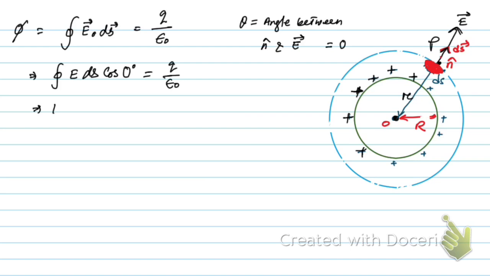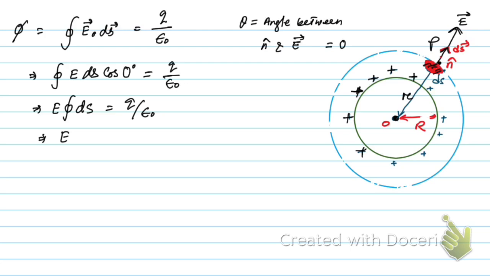and E integration of ds. Cos 0 is 1, q by epsilon naught, so if you integrate ds, if you integrate this area, you're going to get the whole area of this Gaussian surface whose radius is small r.